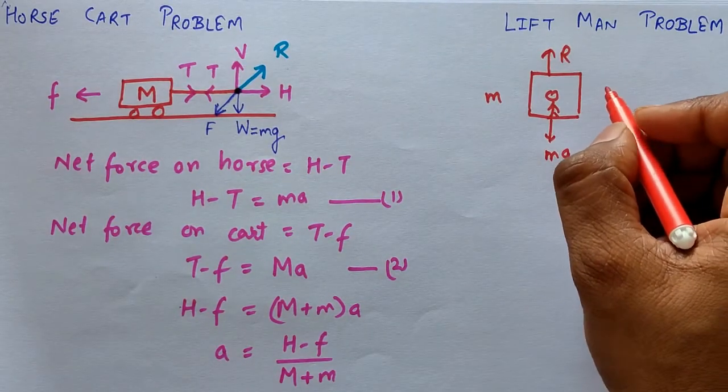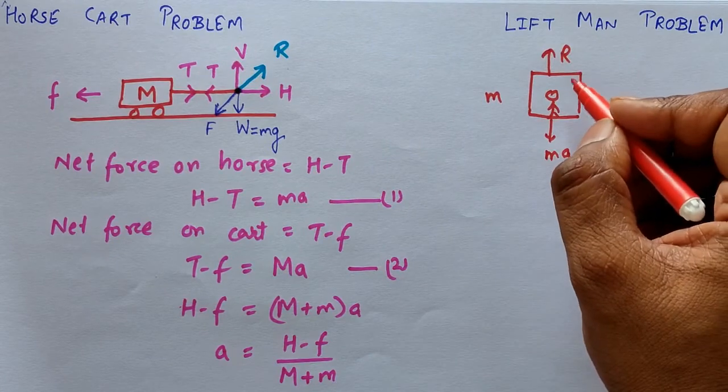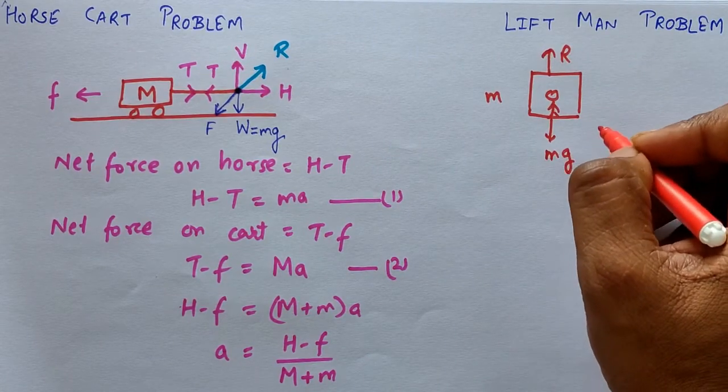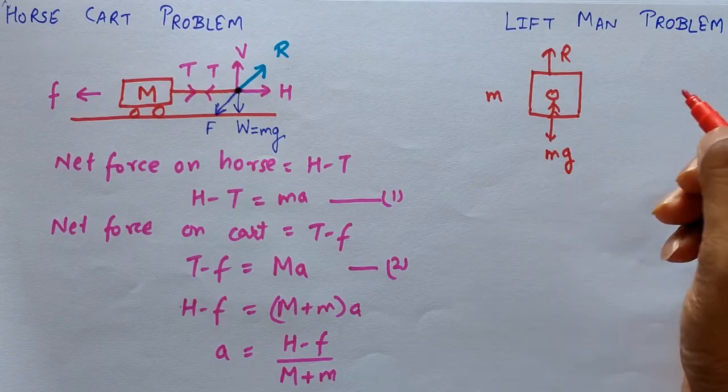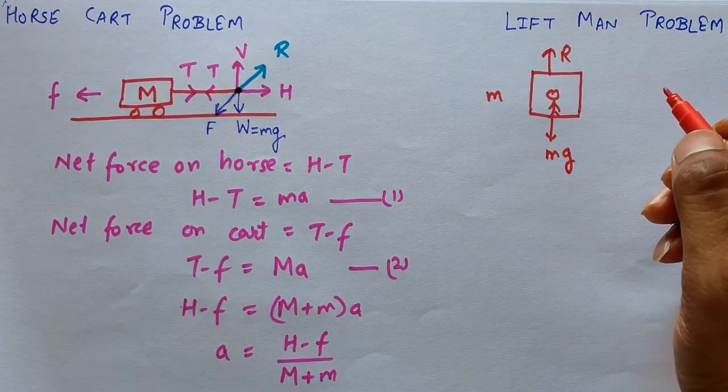Now there will be a few cases. In some cases the lift is moving upward, in some cases the lift is moving downward, in some cases the motion is accelerated, or in some cases the motion is constant.